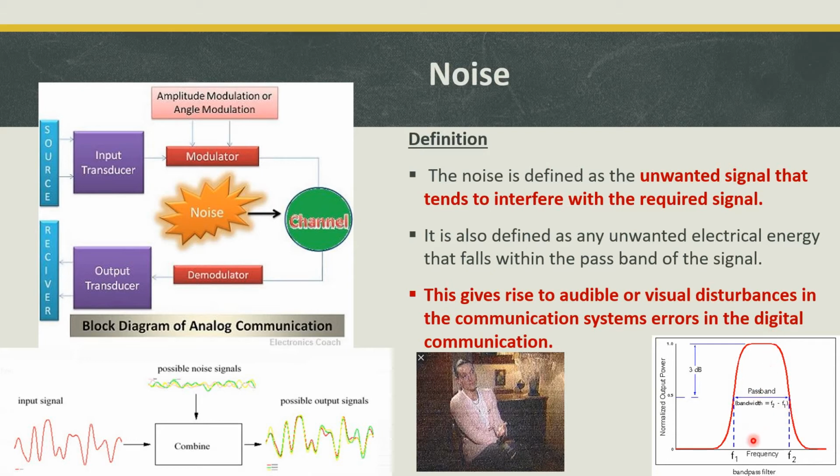That noise is automatically added to our original information signal, and external noise like man-made and industrial noise will also be added if it falls within this frequency band. Then this gives rise to audibility or visual disturbances in the communication system, and errors in digital communication.